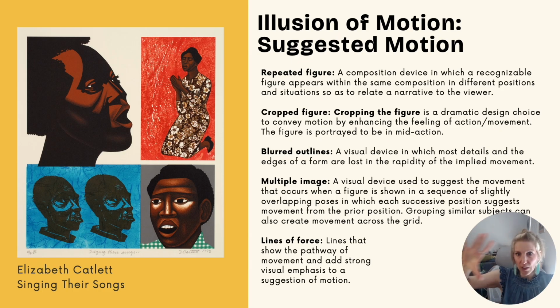If we think about a grid, and almost like slow motion, different screenshots of that figure in motion, when you put those together, it's that figure running or jumping. That's the use of multiple images to convey that sense of movement and action. And then lines of force. These are lines that show the pathway of movement and a strong visual emphasis to suggest motion.